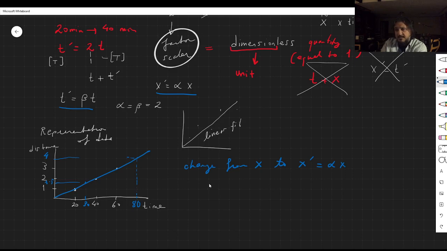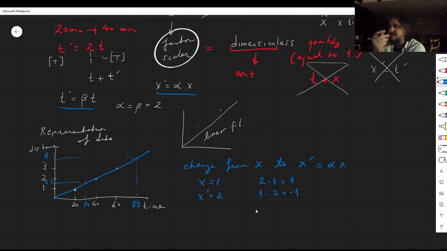Now x changed, let's say from 1 to 2 miles. What's the difference? You can subtract 1 from 2 and get 1 mile, or you can subtract 2 from 1 and get -1. They will both tell you the difference, but one has a negative sign, and you don't want ambiguity in these definitions.